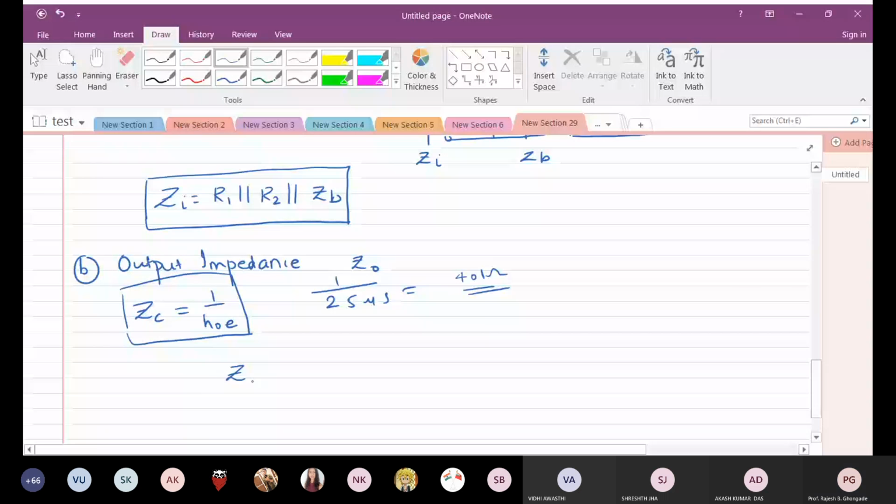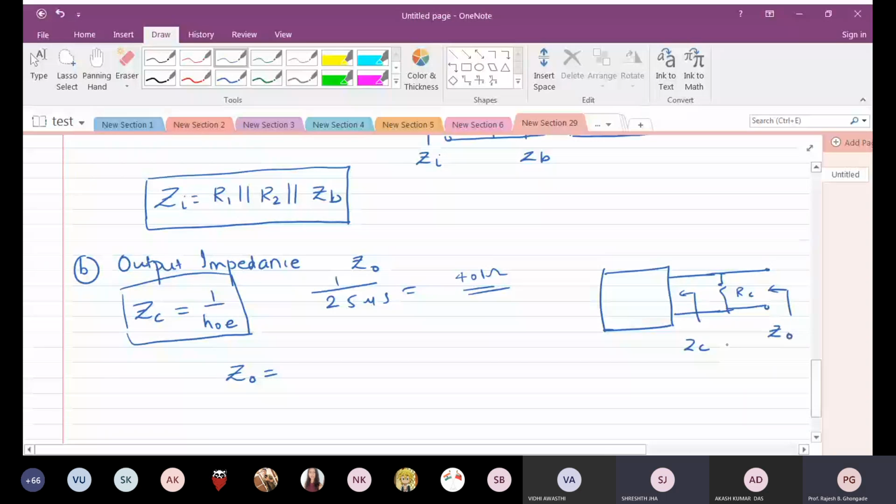Again, it will be in parallel with RC. Excellent. So this will be your ZC and I'm having this as RC. So what will be the effective circuit output impedance? This will be ZC RC upon ZC plus RC, simply ZC parallel with RC.